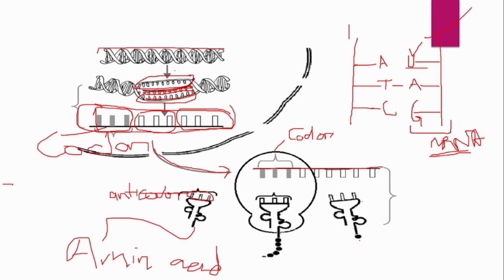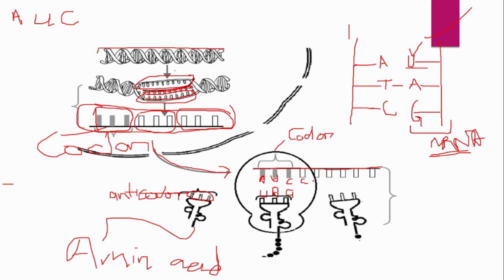Our codon has A, U, and C. In order to bond with this, our transfer RNA needs to have U, A, and G. Then another transfer RNA comes here.